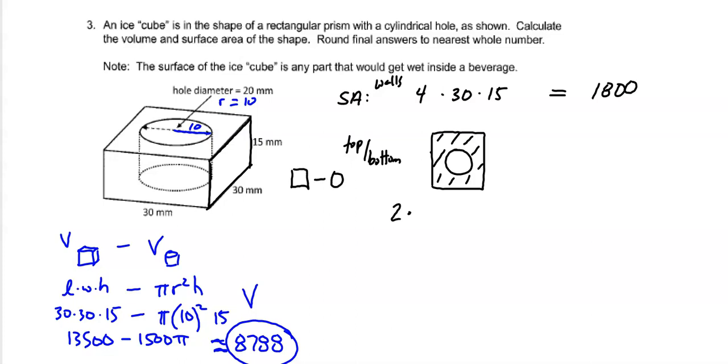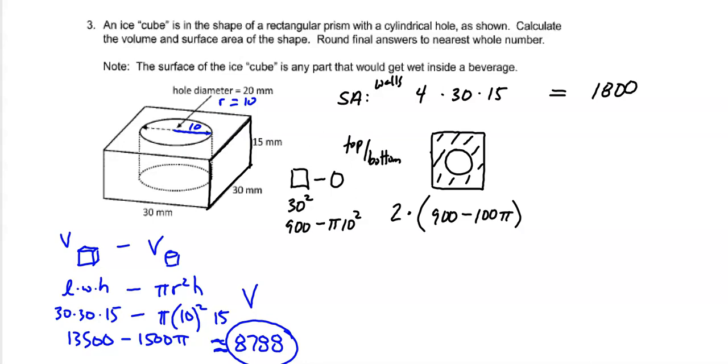The area of the square is 30 times 30, which is 900. The area of the circle is pi times the radius squared. So it's 2 of those, 900 take away 100 pi. So let's see what that comes out to be.